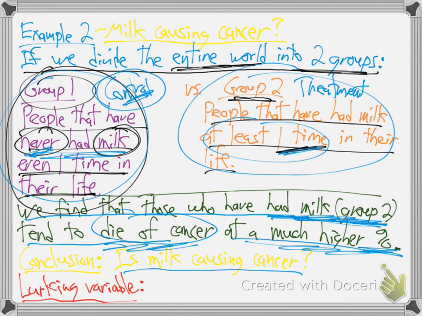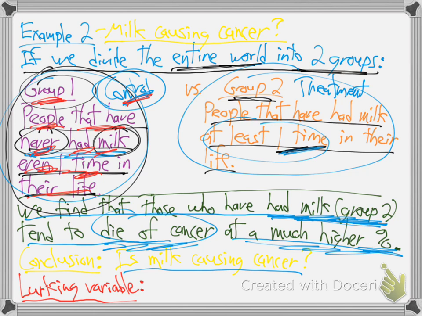What is it? To give you a hint, let's think about group number 1 again for a second, the control group. People that have never had milk even one time in their lives. I imagine every one of you listening to this video have had milk at least once in your life.